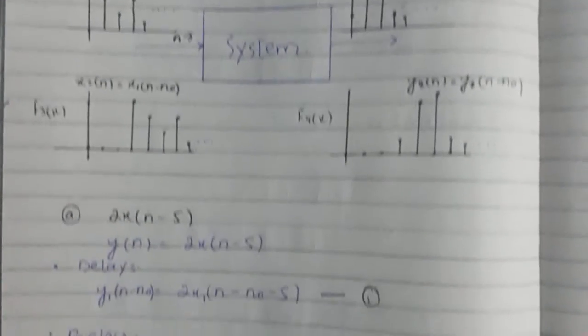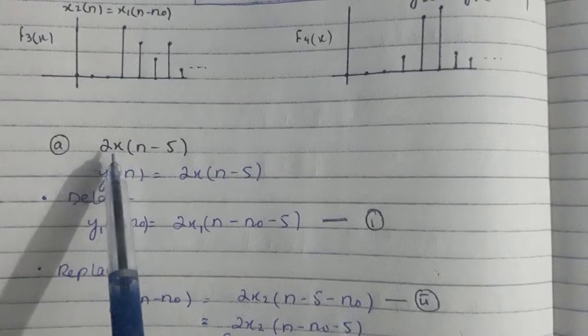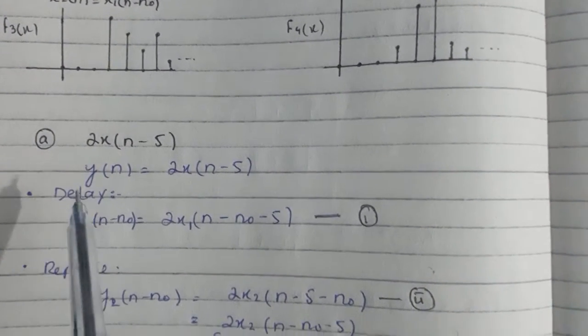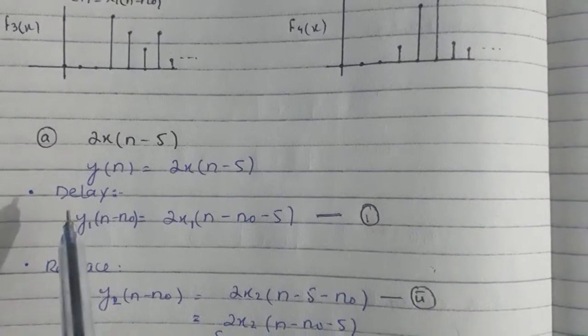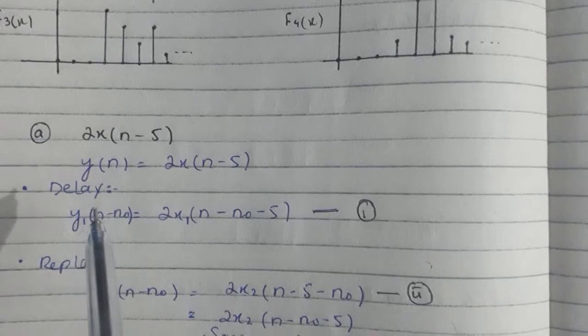Now move on to some further examples. Here we have the function 2 x of n minus 5. First of all we find the delay. I already told you that delay means it is applied only on the function.